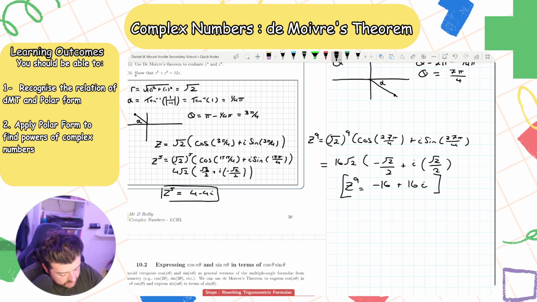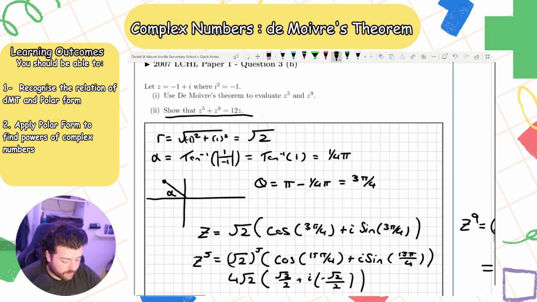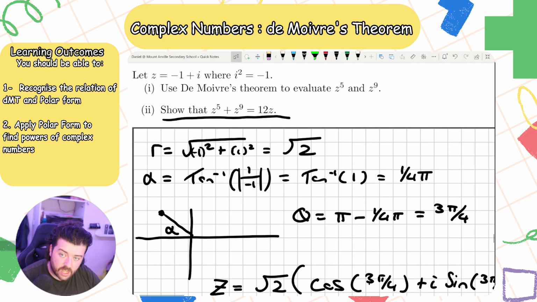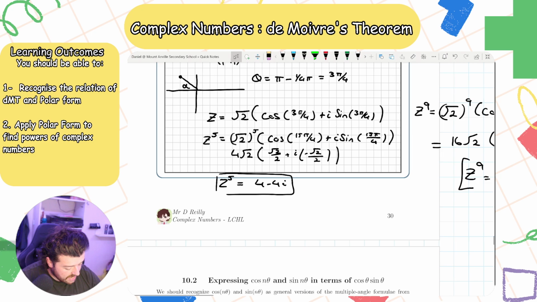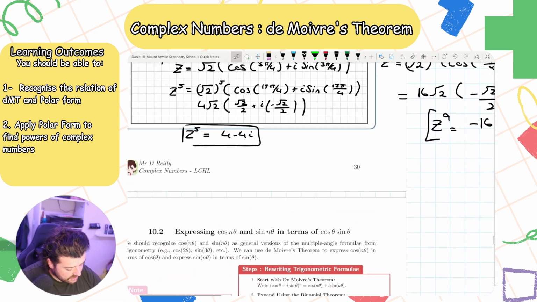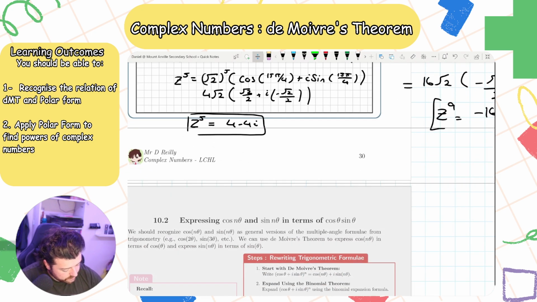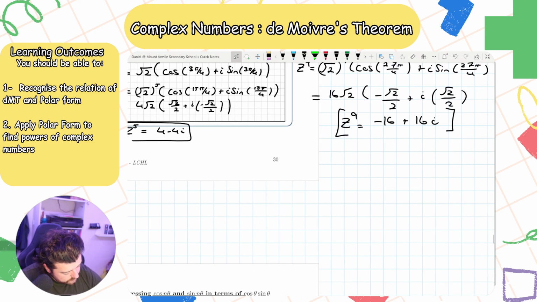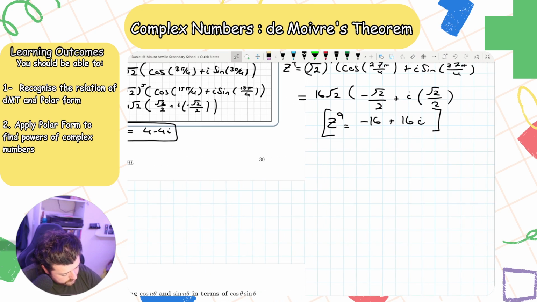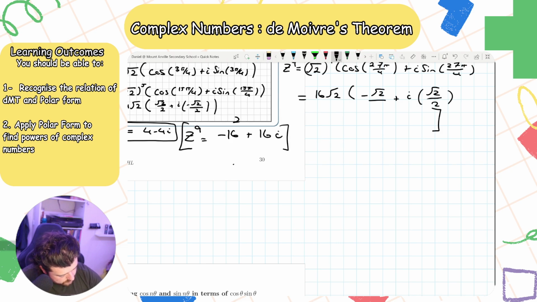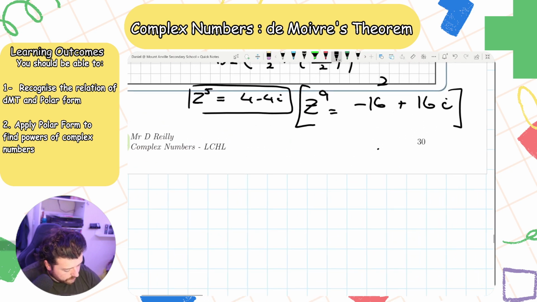The last part is show that z to the 5 plus z to the 9 is equal to 12z. So let's add these together now. So 4 minus 16 is just minus 12.